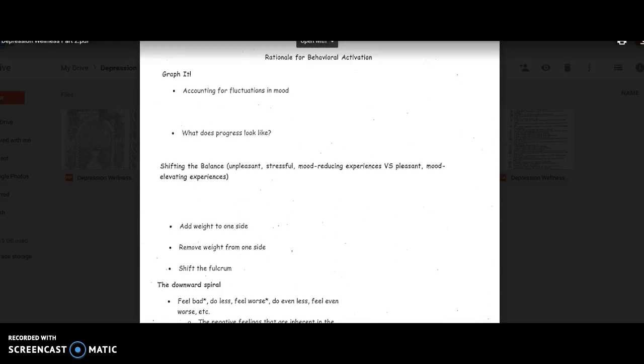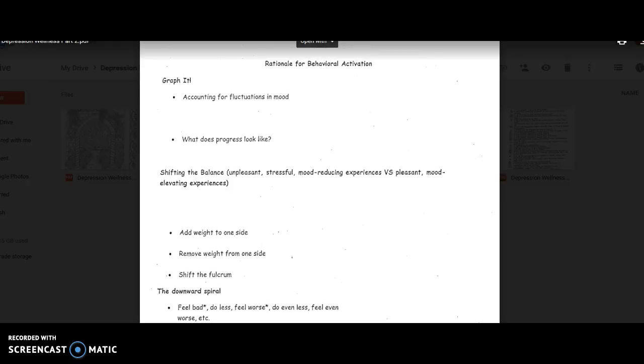And this is what I learned from my supervisor as far as behavioral activation. The first part of this is it's kind of like a sheet of notes. But the first part talks about graph it.